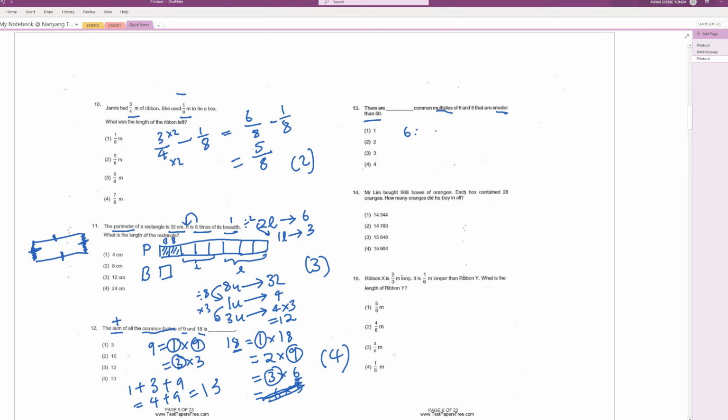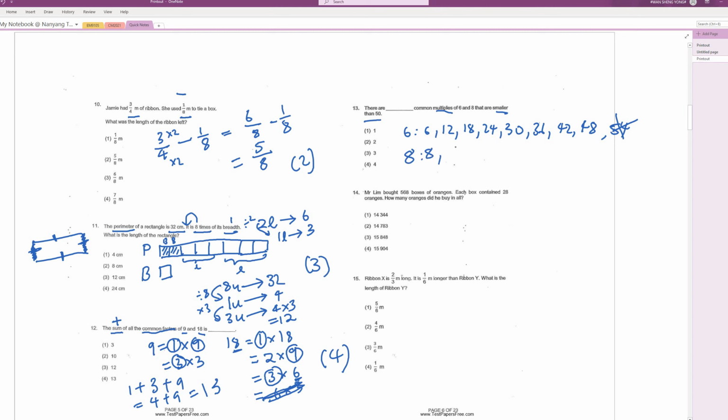For 6, we have 6, 12, 18, 24, 30, 36, 42, 48, and 54. But the question said we only want multiples that are smaller than 50, so we do not need to write 54.